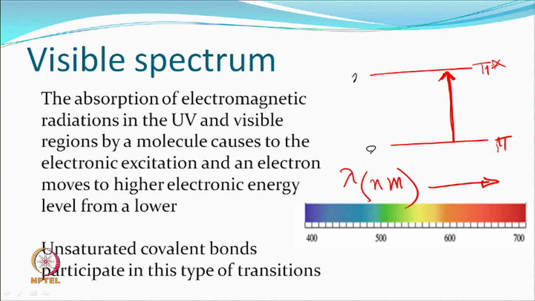Sometimes this can happen that some groups have responded to the near ultraviolet range, but when the electrons come back, because of various reasons, energy loss here and there, the final radiation which comes out is in the visible range.